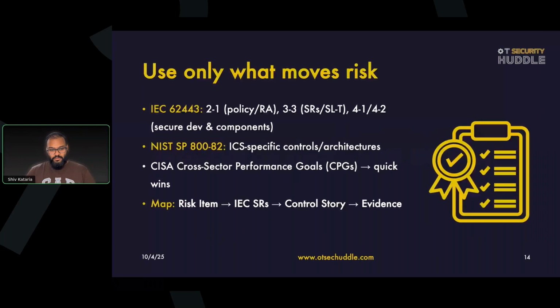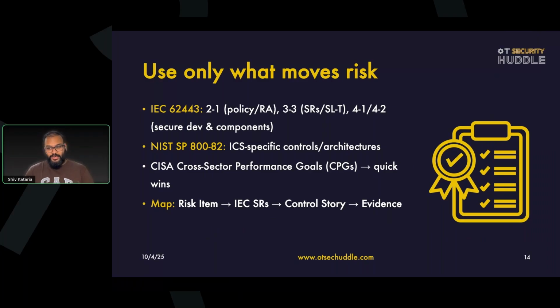So IEC 62443 we have just now seen in depth, and for risk assessment we will generally use 2-1, which is the policy and procedure part, a specific standard 3-2, which in the previous session you have seen as one workflow. I'm also going to give a little bit more detail on that workflow. And then we can also use the component-specific standards 4-1, 4-2 as well.